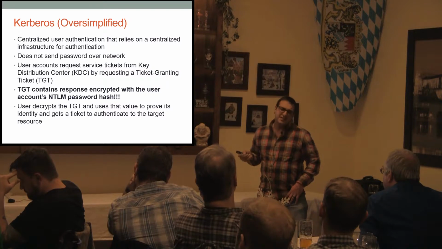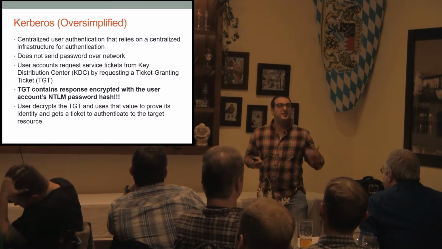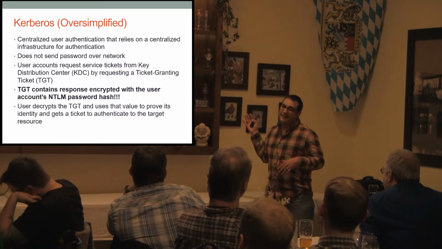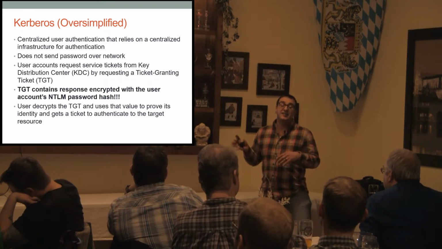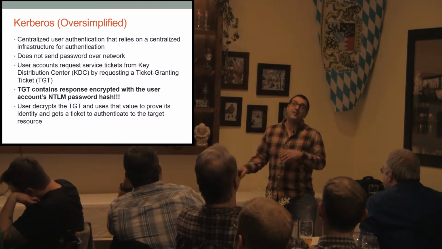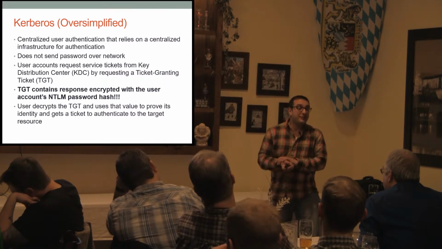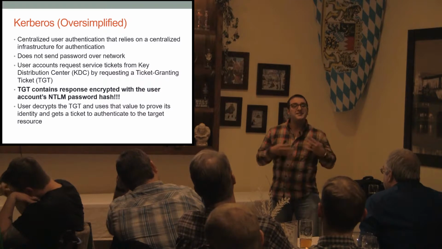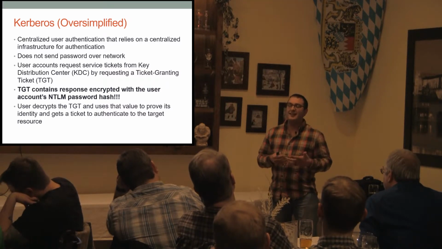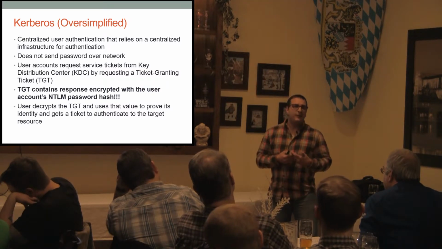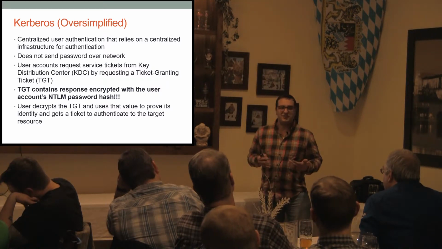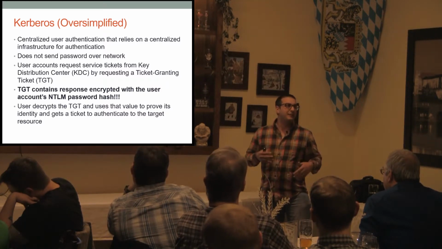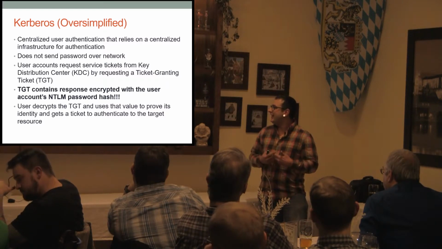So basically at that point, the user account takes its ticket granting ticket and decrypts that value by providing its own password hash, and then it supplies the ticket granting ticket back to the domain controller. That's how it verifies that it is who it claims to be, without sending its password over the wire, because they have that shared secret that they can both decrypt to the appropriate value.